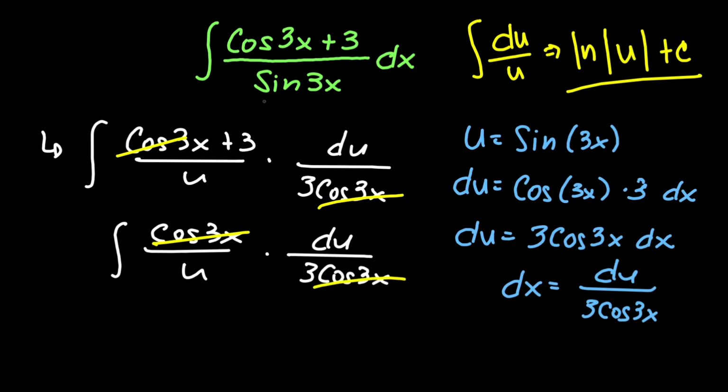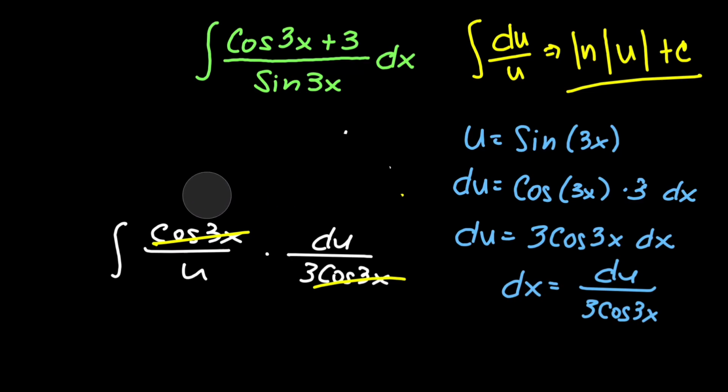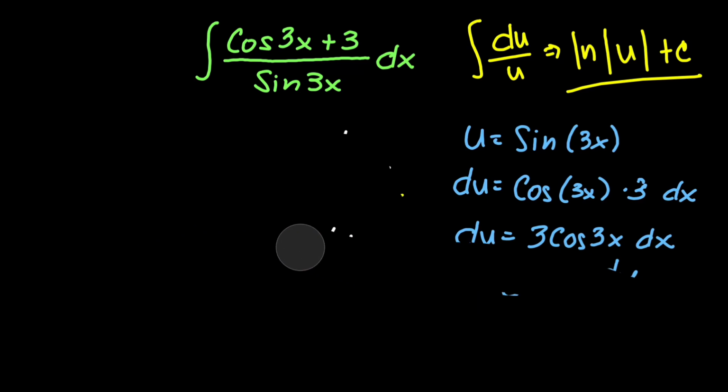But the plus 3 here is not part of cosine 3x. So you cannot simply cancel this. If you cannot cancel and simplify, you would need to simplify the integral first and use u substitution after.